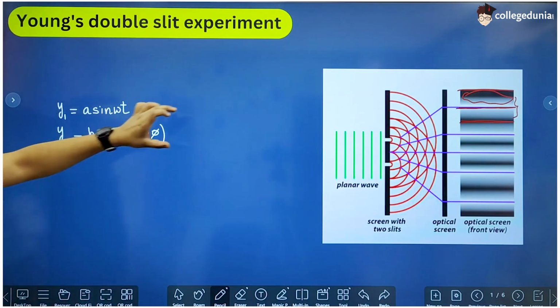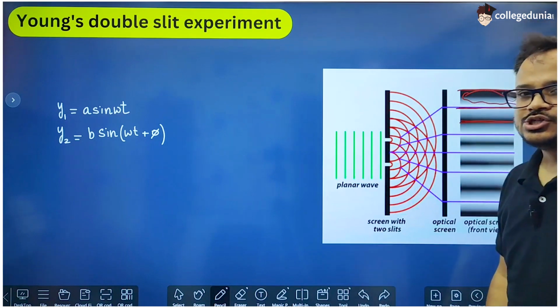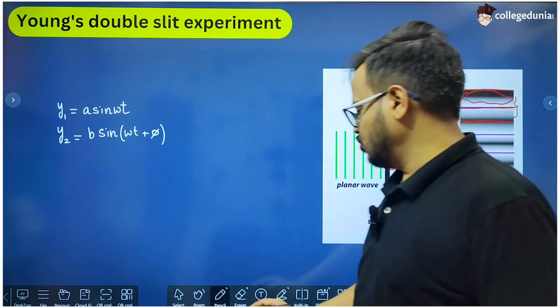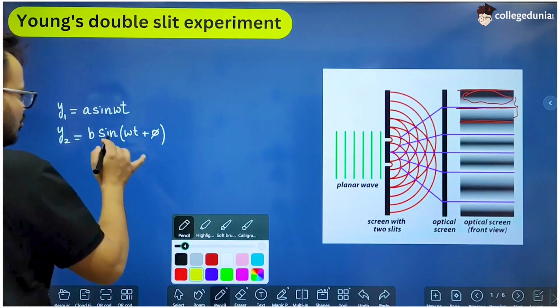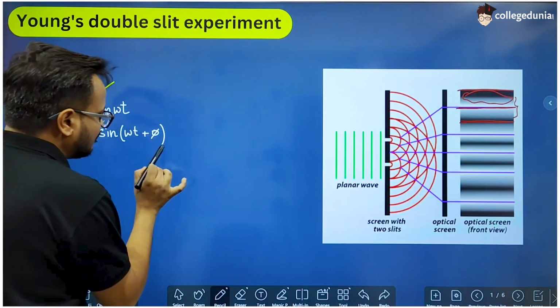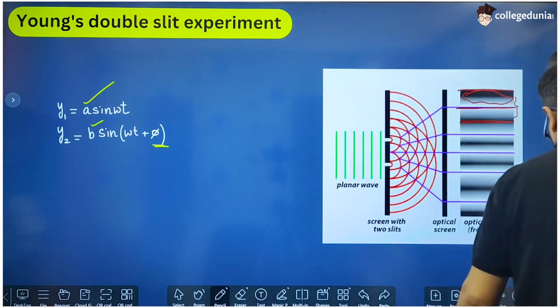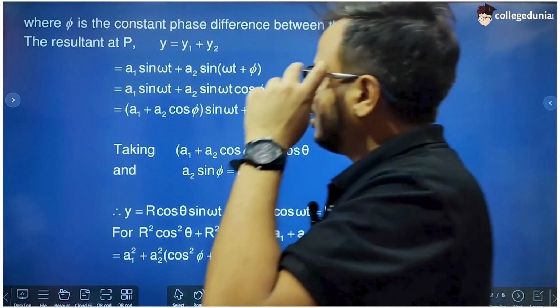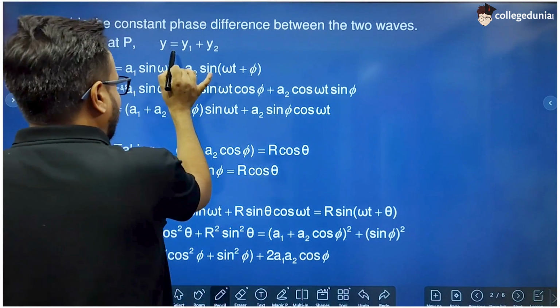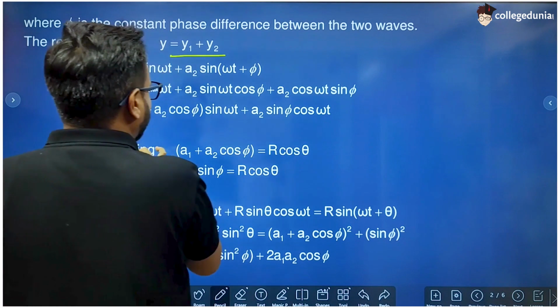Now these two waves will interfere, and a final pattern will be formed. So how is this going to happen? We have taken the amplitude of the first wave as A and the amplitude of the second wave as B, and the phase difference between these two waves is phi. So these two waves will interfere, and the resultant displacement will be y1 plus y2.